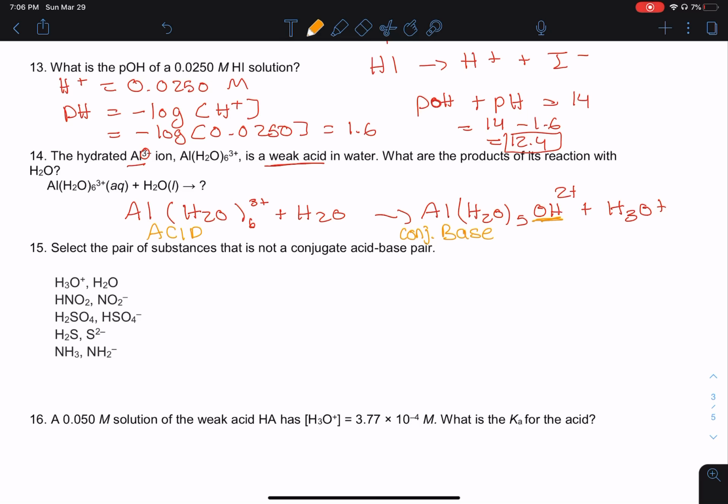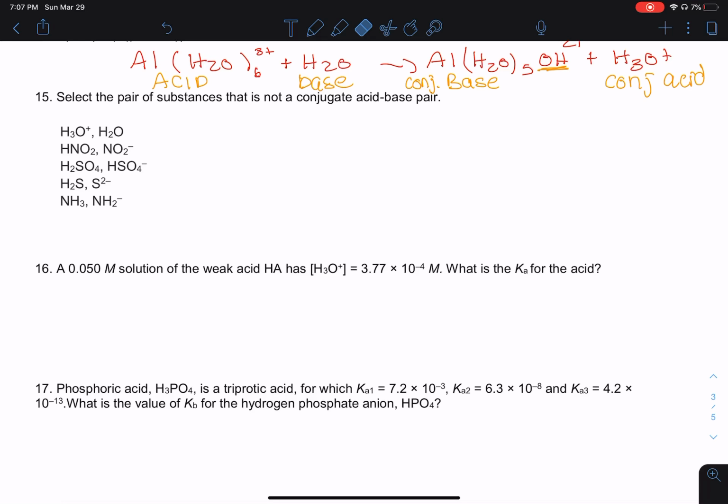And then H2O is a base in this problem, and it becomes a conjugate acid in the products. Okay, remember H2O is a molecule that can be both acidic and basic.